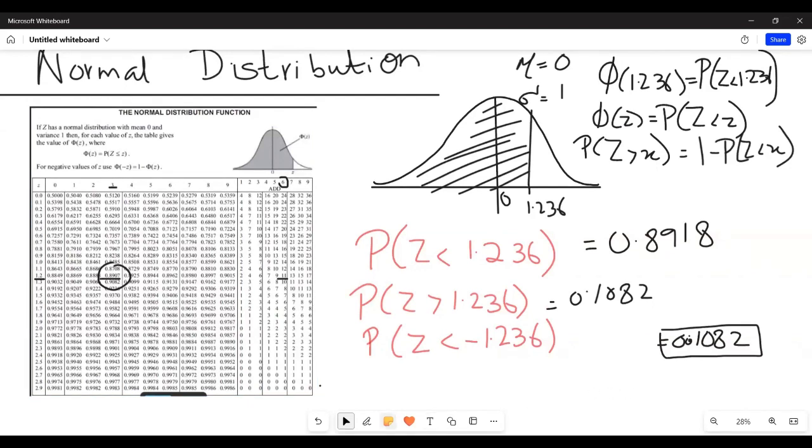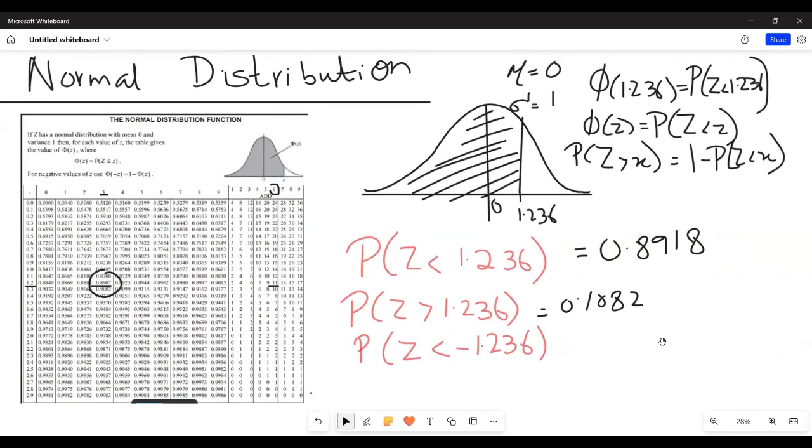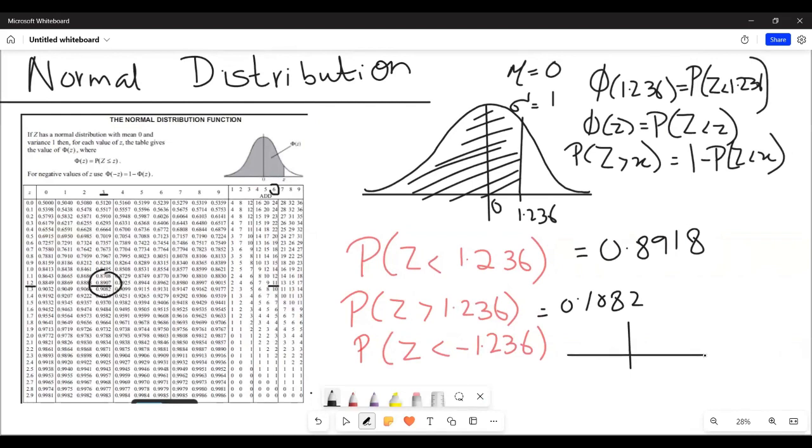That means the table cannot be directly used to find the probability of a negative value, unless we change it somehow. Okay, let's draw this on a graph and let's see what it means and how we can represent it as a positive value.